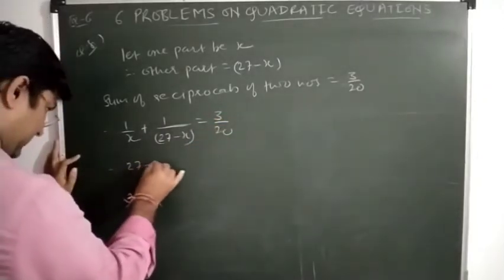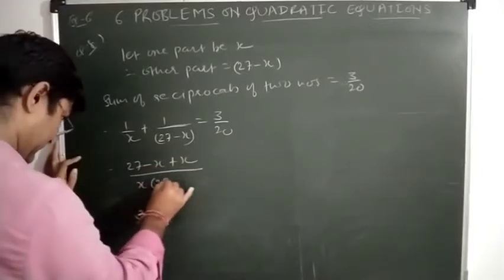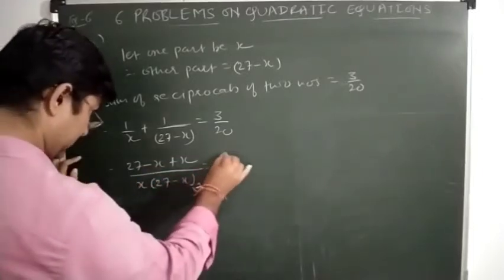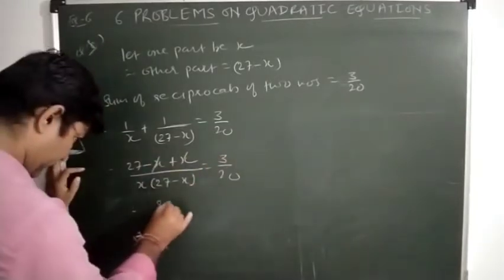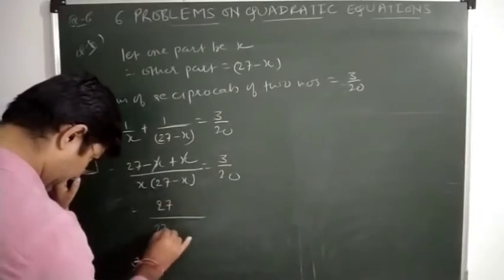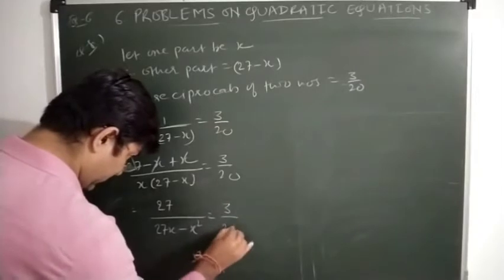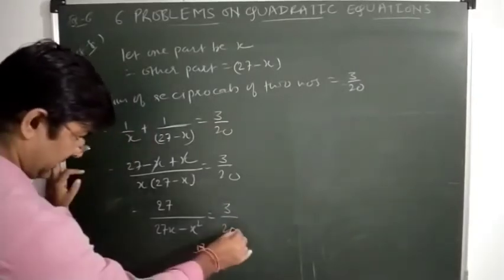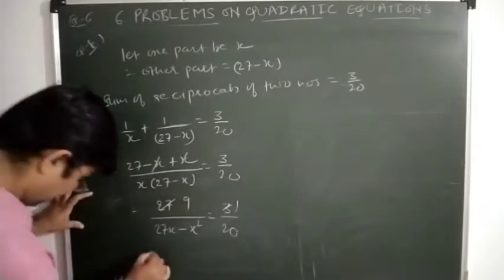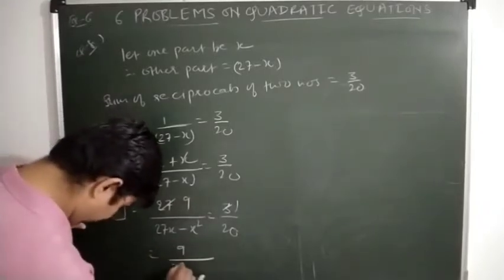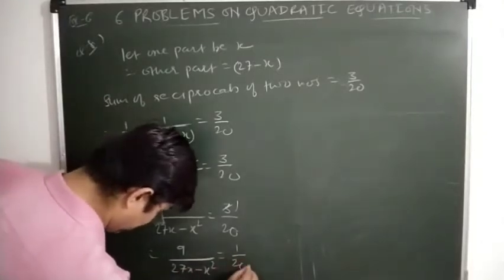Simplifying, (27 minus x plus x) upon x into (27 minus x) is equal to 3 upon 20. Therefore 27 upon 27x minus x square is equal to 3 by 20. We can reduce: 3 ones are 3, 3 nines are 27, and therefore 9 upon 27x minus x square is equal to 1 upon 20.